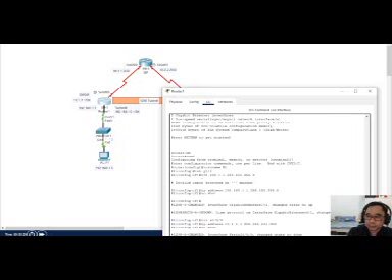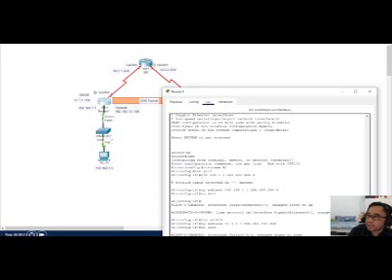Okay, and then we go to, no, let's set the IP route first. IP route 0.0.0.0 0.0.0.0.